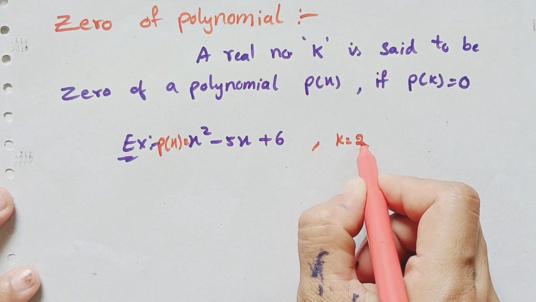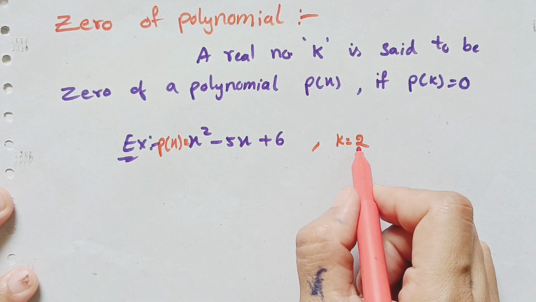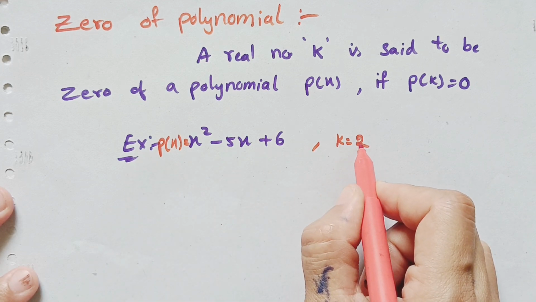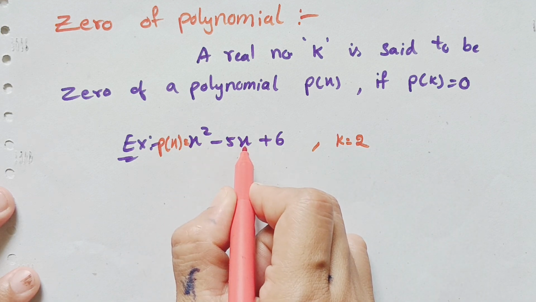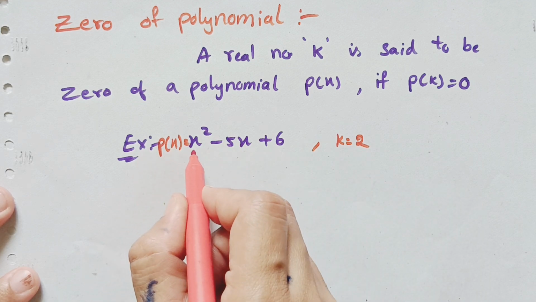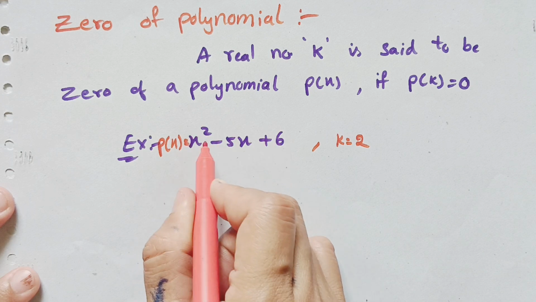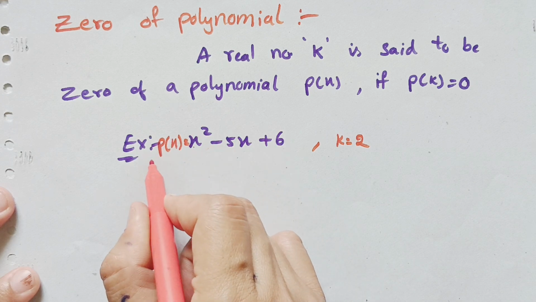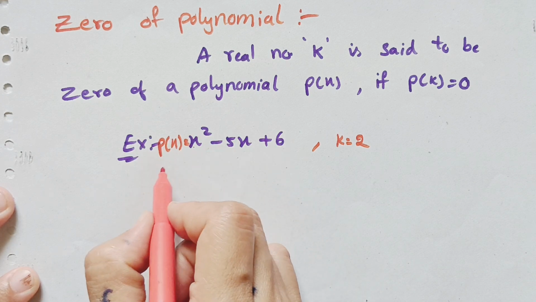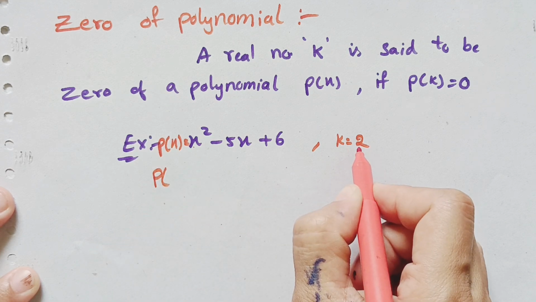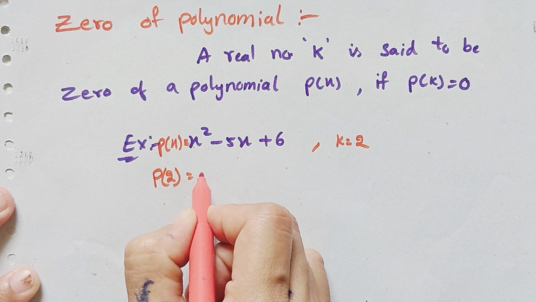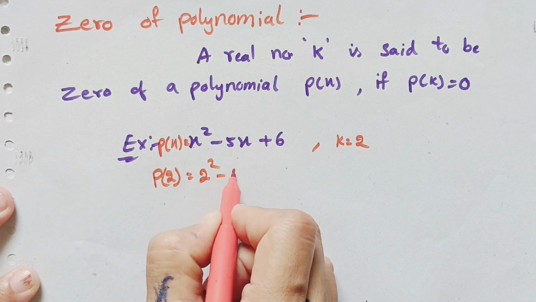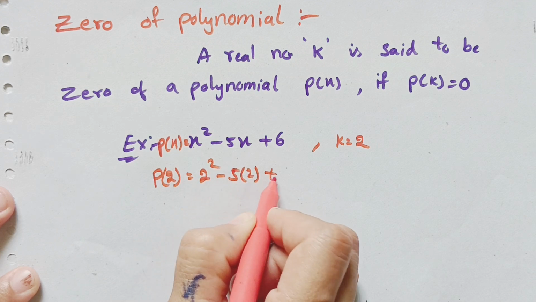Now I'm going to substitute this k equal to 2 in this polynomial x square minus 5x plus 6. Then see what happened. Here x is the variable, that's why I'm taking p of x. Now in the place of x I'm taking 2, that's why p of 2. So p of 2 equal to 2 square minus 5 into 2 plus 6.